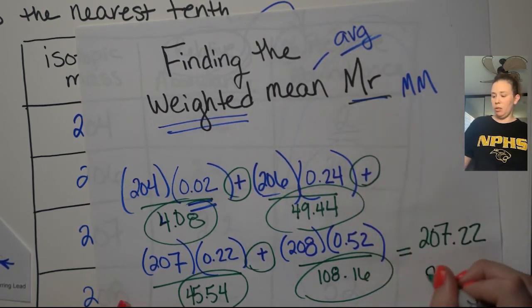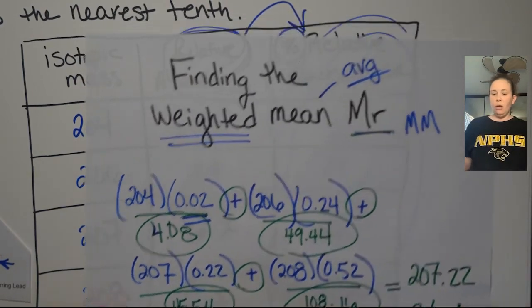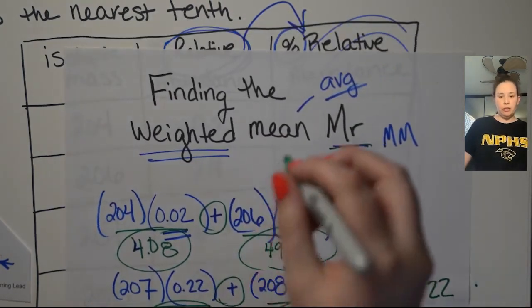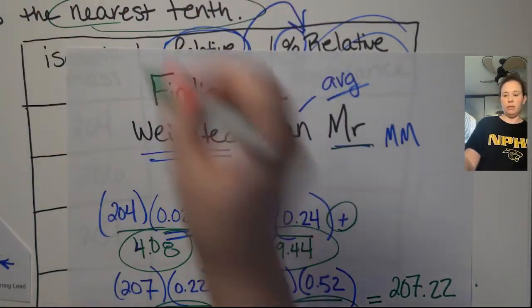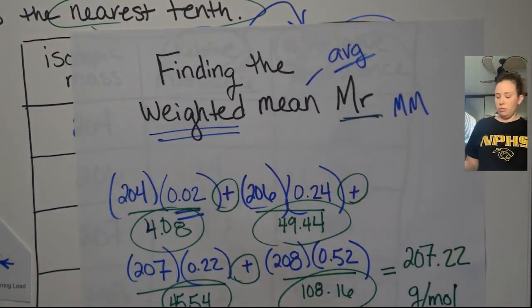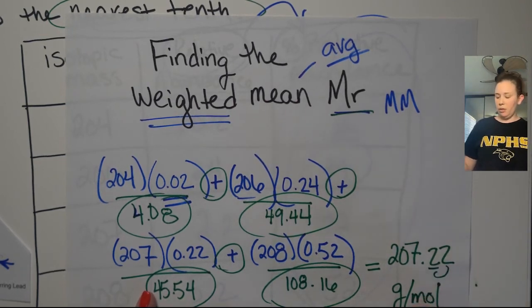Molar mass would be grams per mole. But then we do want to make sure that we follow all the directions in the question. And if you notice, they added one little extra sentence saying to round to the nearest tenth. So to convert this to our final answer, we'll go with 207.2. The 2 does not make the 2 round up. And then I'll use g mol^-1 for my final units.